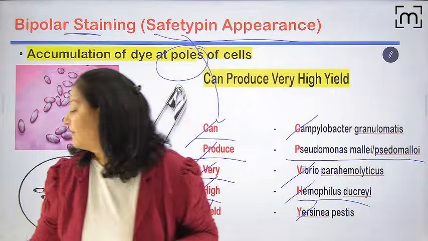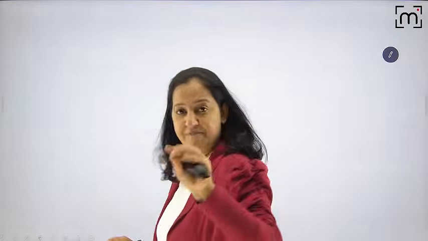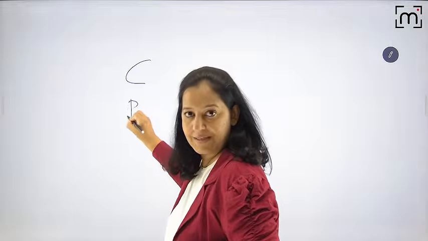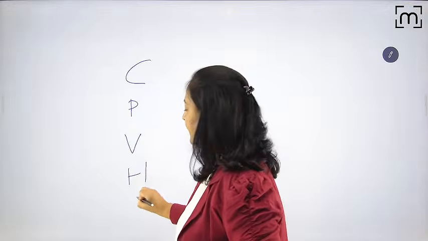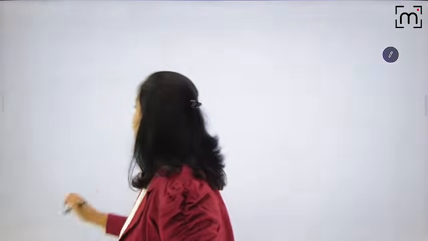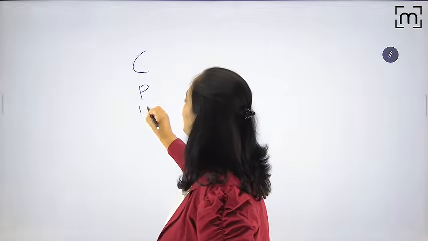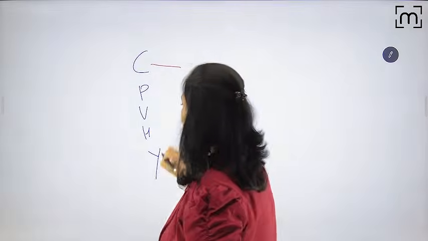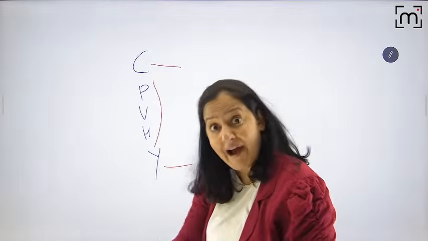So what have we learned? There are 5 bacteria which show bipolar staining. The mnemonic is: Can produce very high yield. Again, say with me, please learn it. Can produce very high yield. Out of these, Yersinia pestis is the main hero, and the remaining are side heroes.